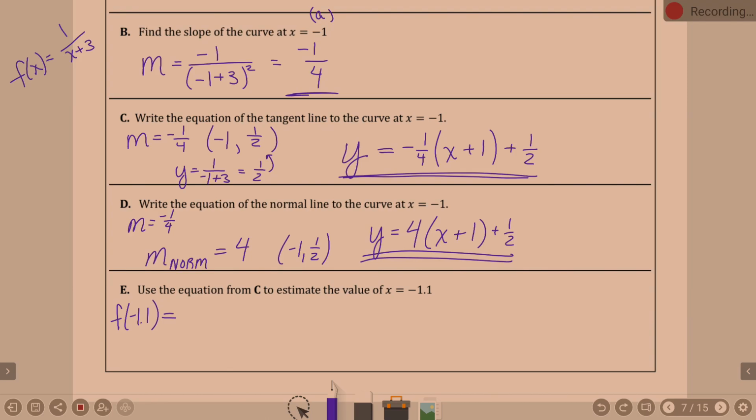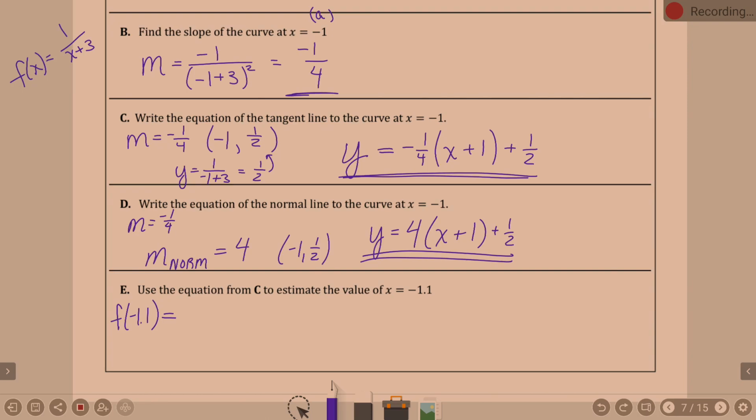Now, negative 1/4. 1.1 is a decimal, yes? You should probably either go all decimals or all fractions. Doesn't really matter which, but if we're trying to do this without a calculator, which I'm going to encourage you to do here, I'm thinking decimals might be a little bit better.